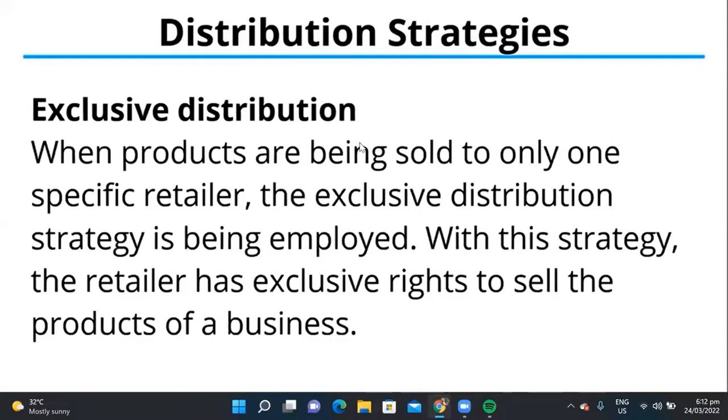Exclusive distribution. When products are being sold to one specific retailer, the exclusive distribution strategy is being employed. With this strategy, the retailer has exclusive rights to sell the product of the business. Ayan, so limited number of middlemen used in a geographic area.